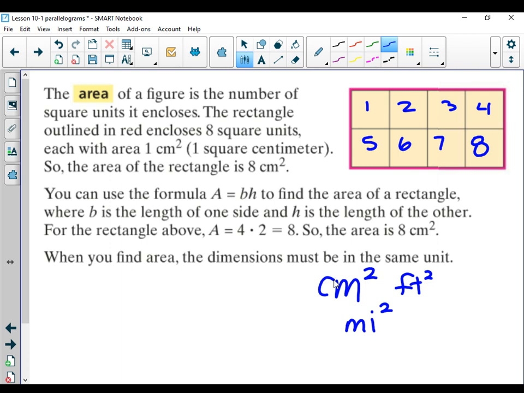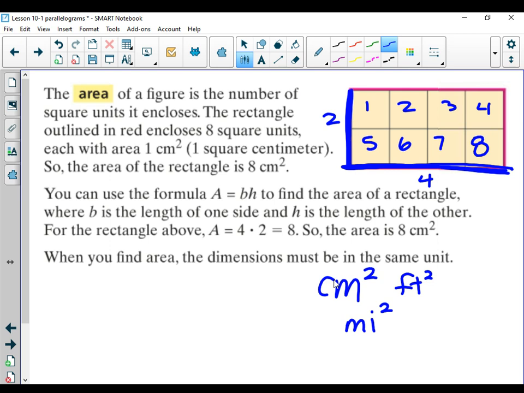Or, what if I don't want to count them? 1, 2, 3, 4, 5. I mean, that's going to get kind of big if I'm doing my house. What, Ellie? Can you times the sides? Oh, yeah. I could take the base, which this one is 4, times the height, which this one is 2, to also get 8.